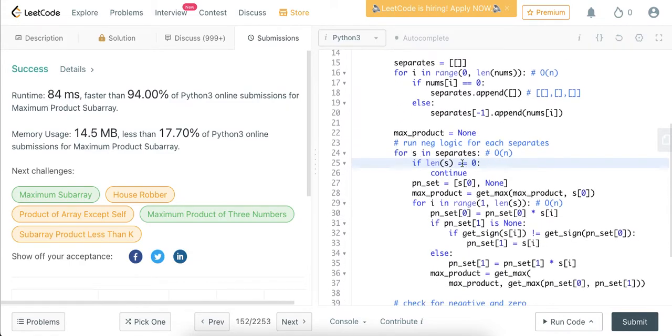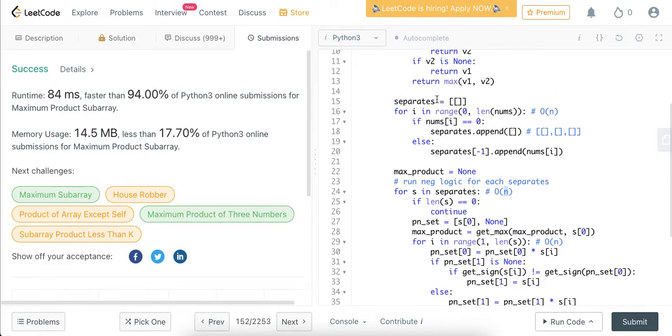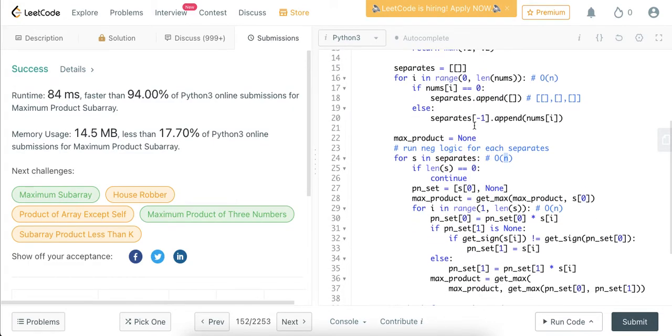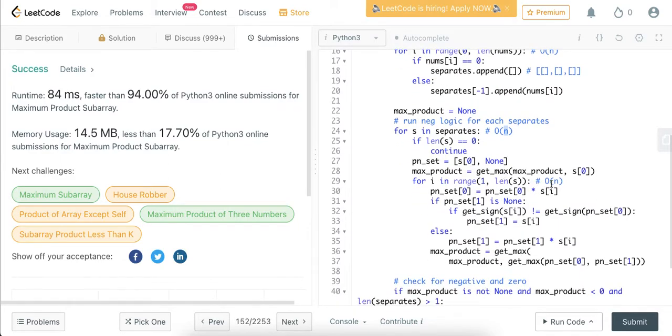And this two for loops, although it is two for loops, in total it's still n, because the logic of how we create these two separations is by separating the n. We don't duplicate the members, we just group them. So that's the thing we need to be careful about when measuring the big O notation here.